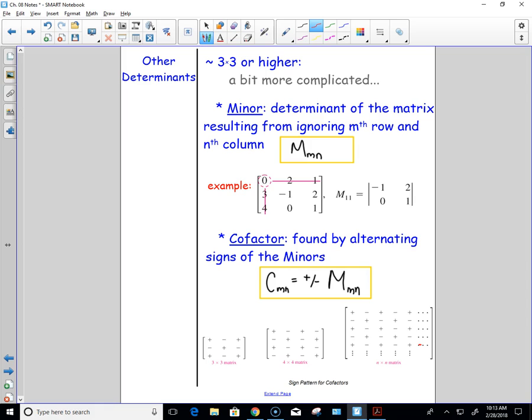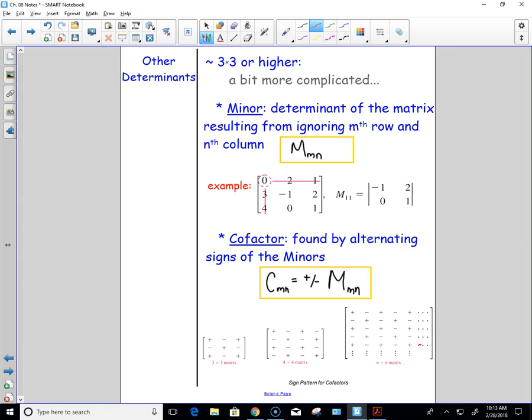Well, hold on, look. If you chose this entry 0, his minor, which is basically the main idea of the cofactor, just the cofactor puts the appropriate sign on as well, would be the remaining part of the matrix once 0's row and column is crossed out or ignored.